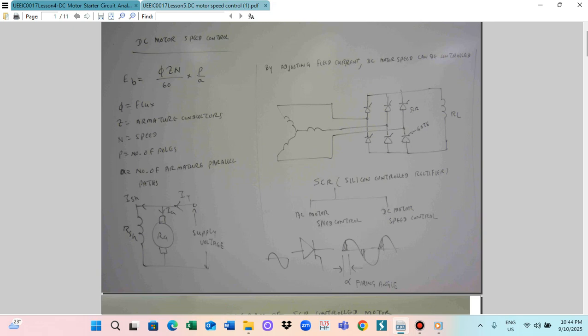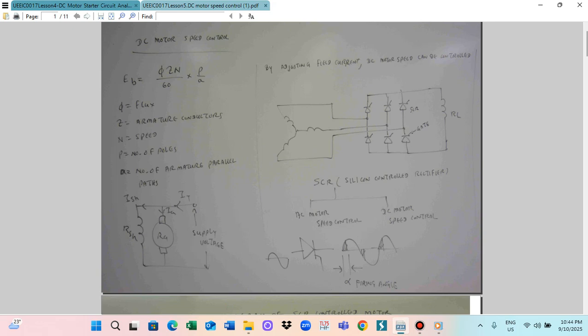But in the meantime, we also utilize the electronic control system. We use the silicon controlled rectifier system to control the DC motor speed. In this case, I will draw the control diagram of the SCR system. How do we utilize it? Normally, we use the AC to DC conversion.